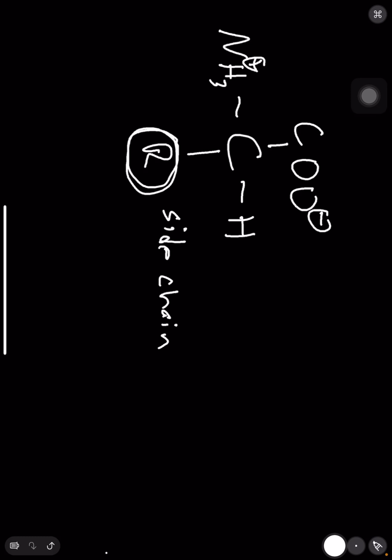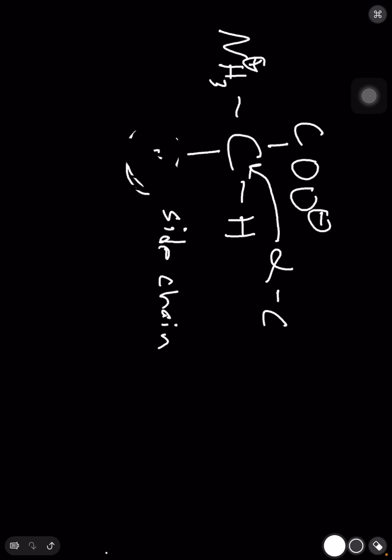All right, so this carbon right here is referred to as the alpha carbon. So you always have an N-terminus and a C-terminus connected by an alpha carbon. And then the side chain can change depending on what type of amino acid you have. All right? So let's put an example in here of a specific one.